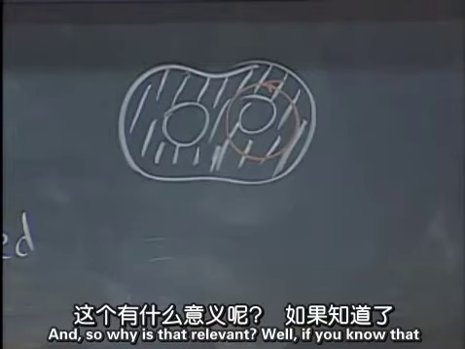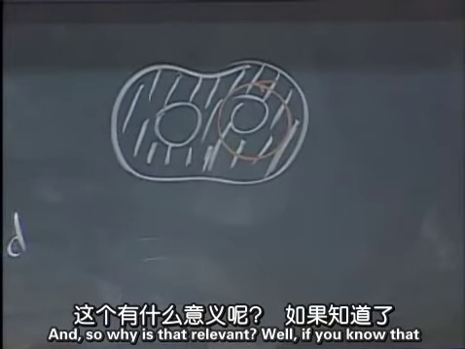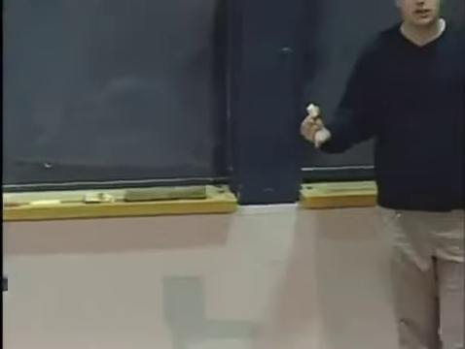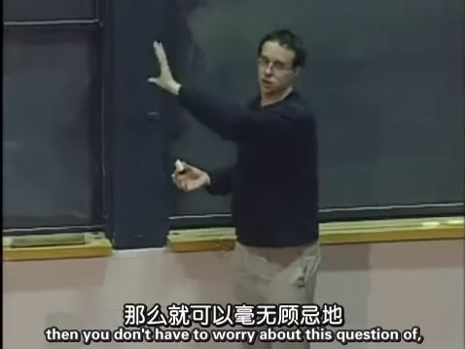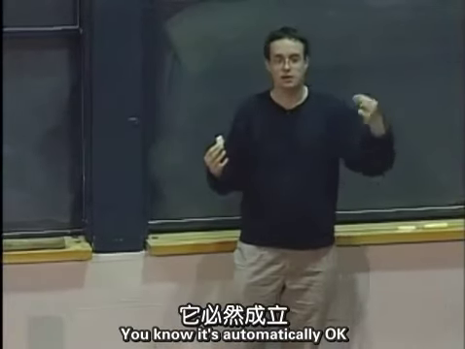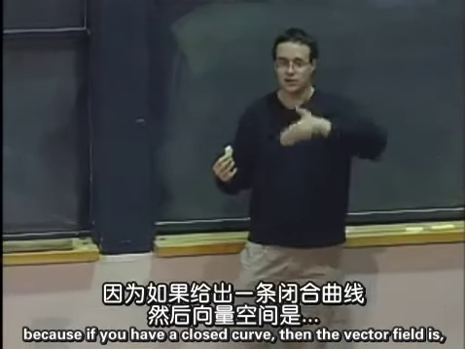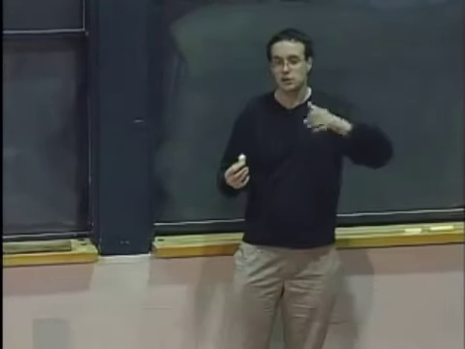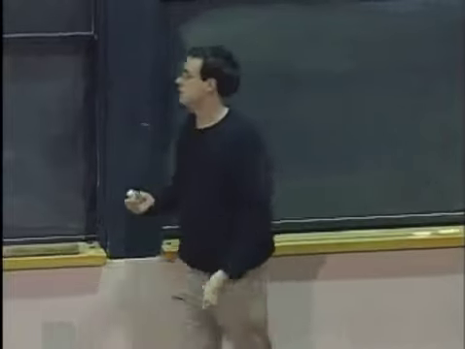And so why is that relevant? Well, if you know that your vector field is defined everywhere in a simply connected region, then you don't have to worry about this question of, can I apply Green's theorem to the inside? You know it's automatically okay, because if the vector field is defined on the curve, it will also be defined inside.